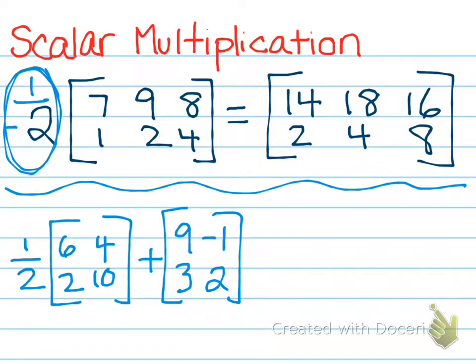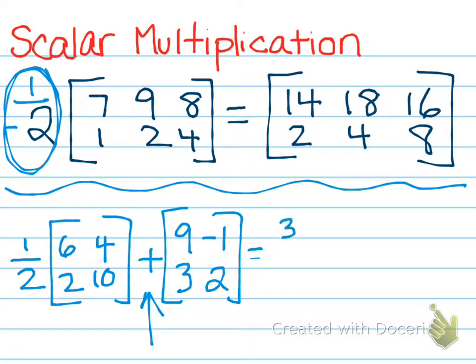And we can also combine scalar multiplication and addition and subtraction. So with scalar multiplication, you don't have to have same dimensions because you're only taking one matrix and making it whatever times bigger or smaller. But notice then how I'm also asking you to add them. And since they're both 2 by 2s, we can do this. So the first step in this would be multiplying the first matrix by 1/2.